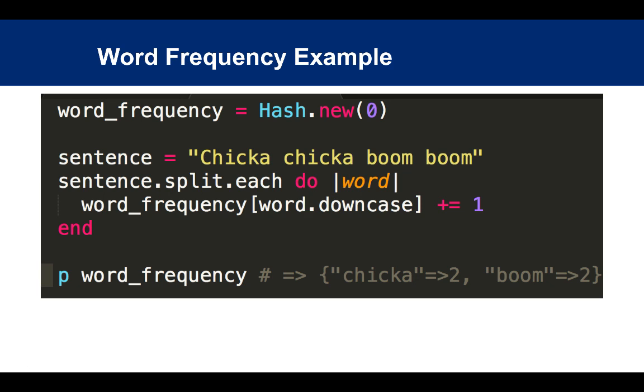So you don't have to check if it's there or not, and if it's not there, add a 0, put a value in there, increment it by 1. You just assume that it's a 0 if it doesn't exist, and then you just increment it by 1. So at the end you get this word frequency hash, which has chicka key equals 2 and boom key also equals 2.